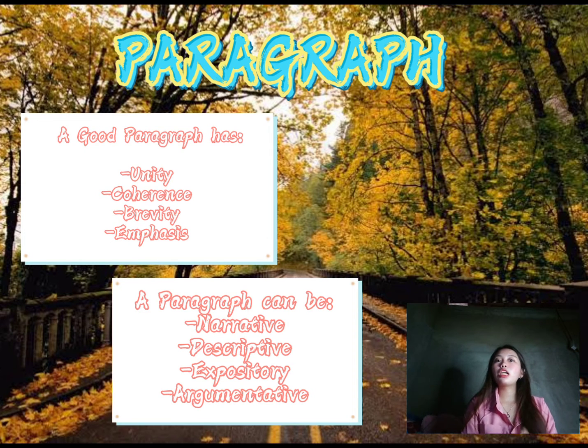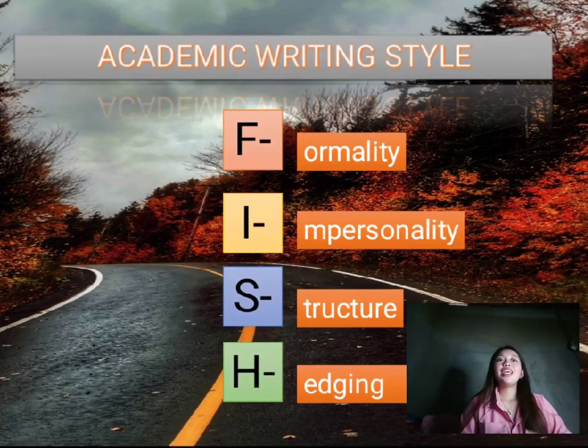Next, a paragraph can be narrative, descriptive, expository, or argumentative. In academic writing style, we have four writing styles, which is coded as FISH, also known as formality, impersonality, structure, and hedging.